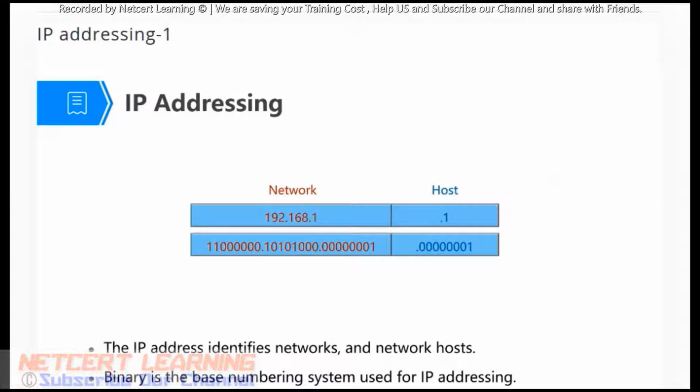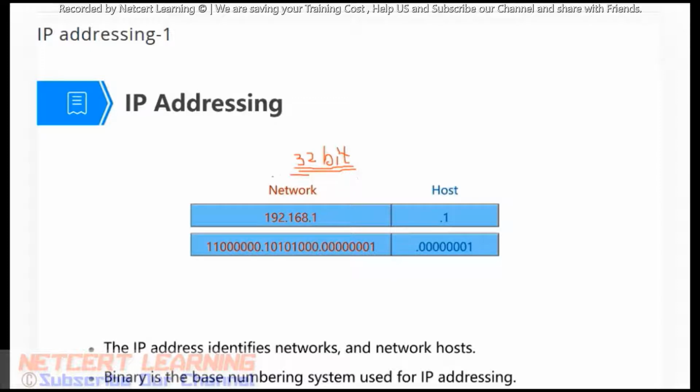And then the IP addressing. An IP address is a 32-bit long value, in binary. This IP address is divided into two parts.